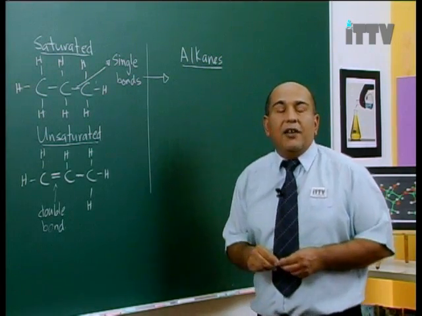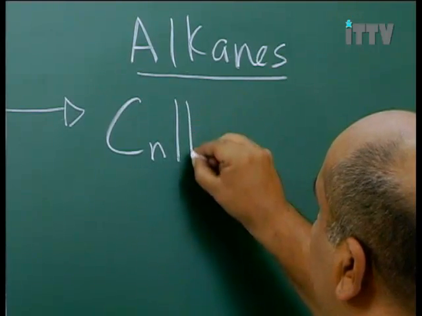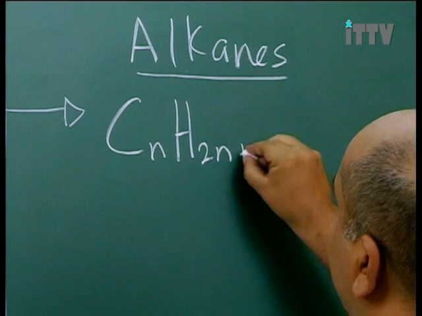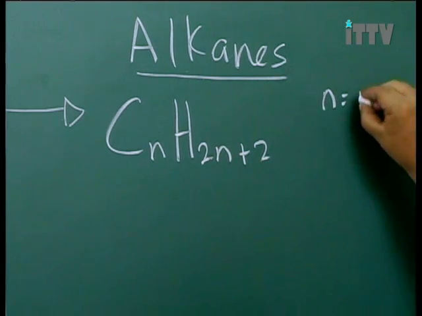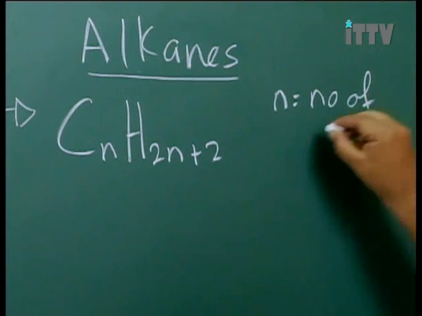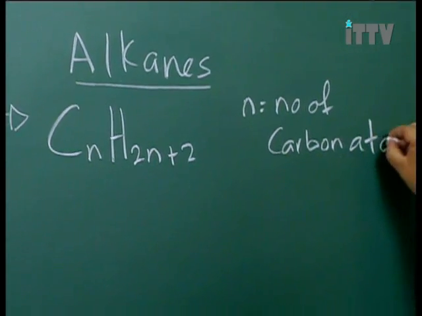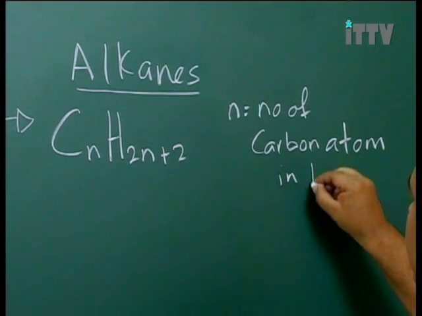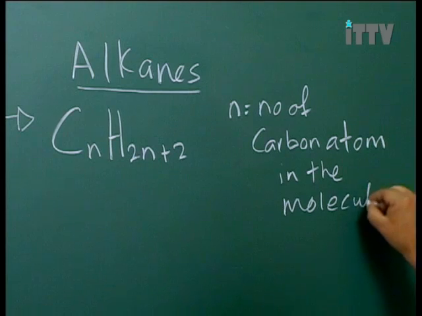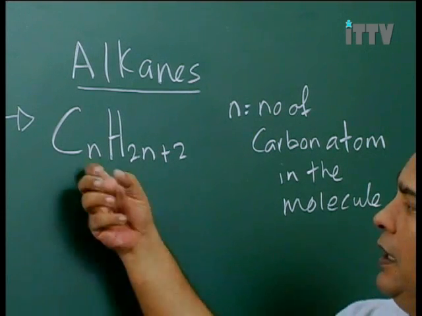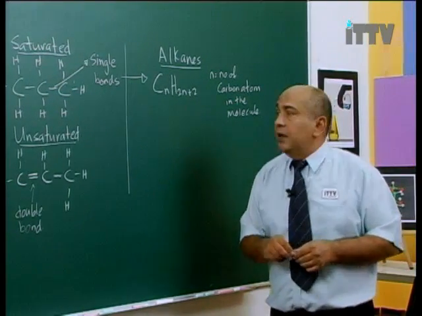Alkanes, as we said, have the general formula CnH2n+2, where the n is the number of carbon atoms in the molecule. The functional group of our alkane is the carbon-carbon single bond.